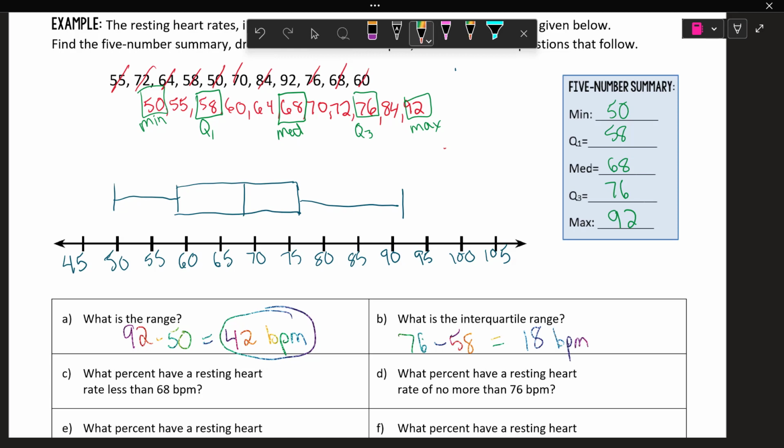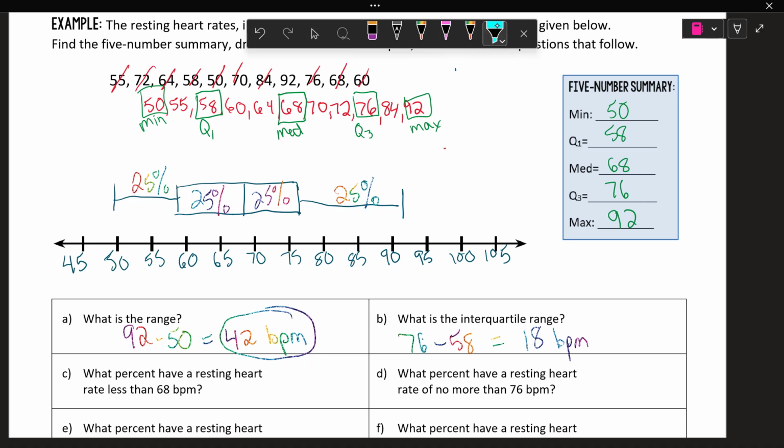Okay, now they start talking about the percents. Remember, each of those lines that we first drew separates 25% of our data. So we have 25% between 50 and 58, 25% between 58 and 68, 25% between 68 and 76, and lastly 25% between 76 and 92.